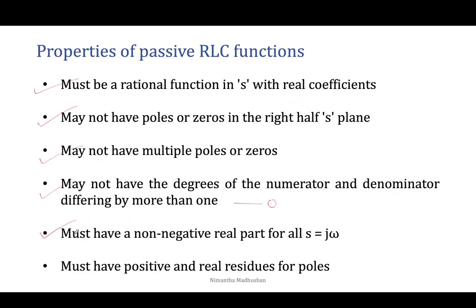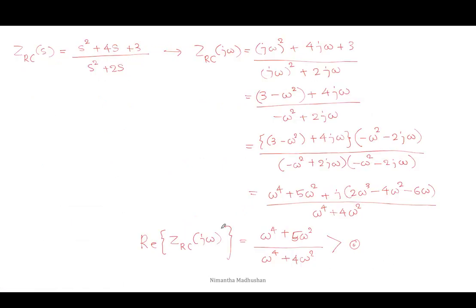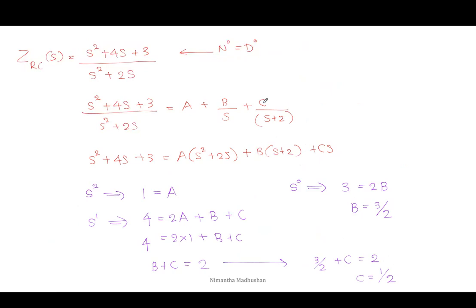In the sixth property, it says it must have positive and real residue for all poles. From this partial fraction expansion, the poles are this one, this is a pole, and this is a pole.